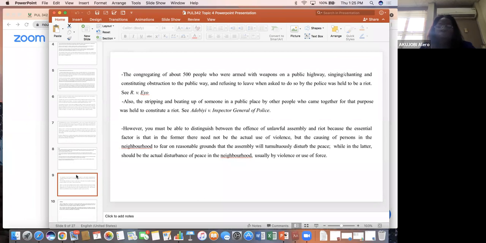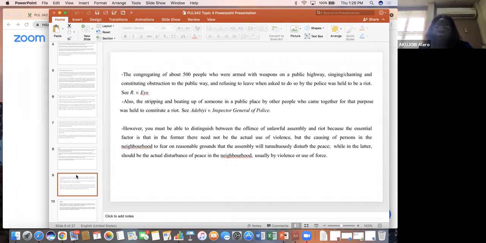However, we've been able to distinguish unlawful assembly from riots. Riot needs the actual use of violence. For unlawful assembly, basically, you need to create fear in the people around, maybe because of the conduct, because of the way they are carrying themselves, and the assembly should be such as is disturbing the peace of the area.